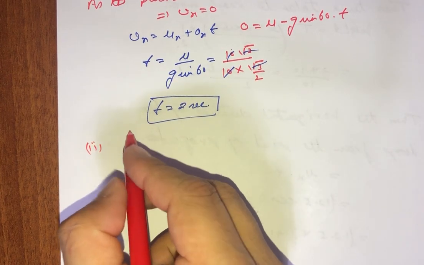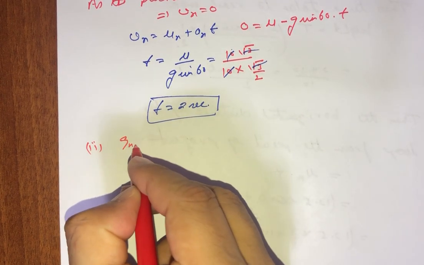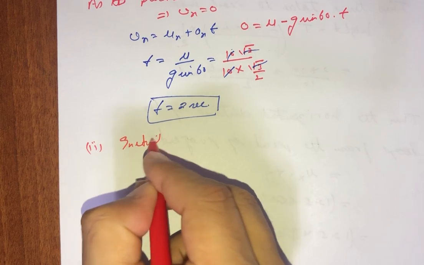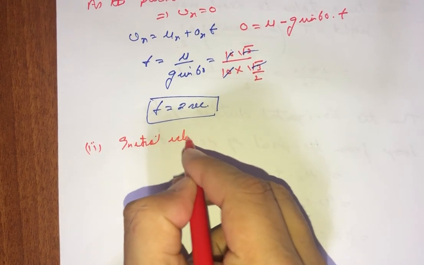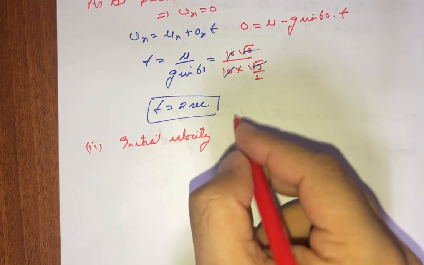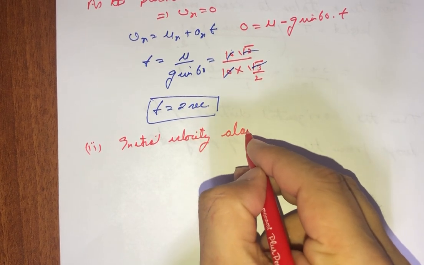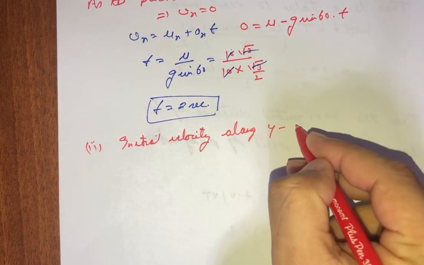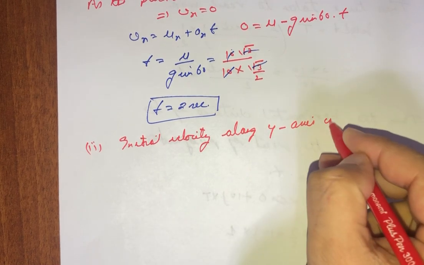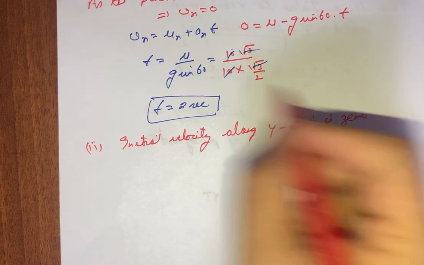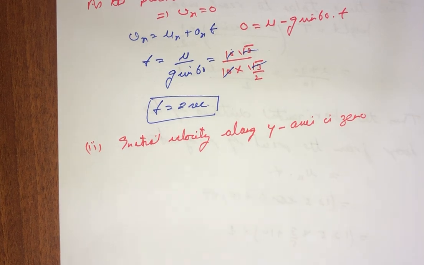In the second part, the initial velocity along the y-axis is 0, which we already stated, that u of y is 0.